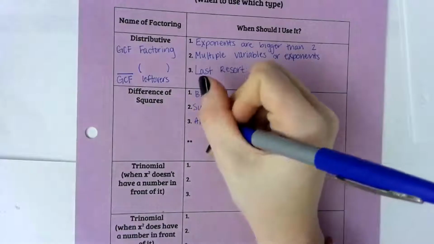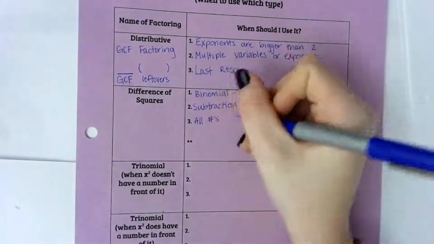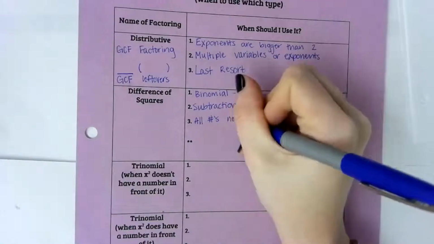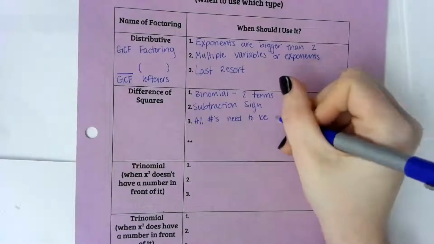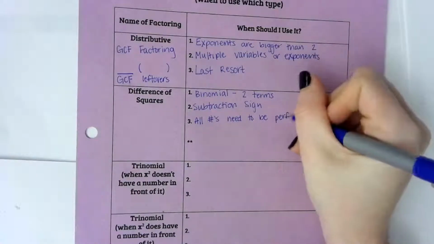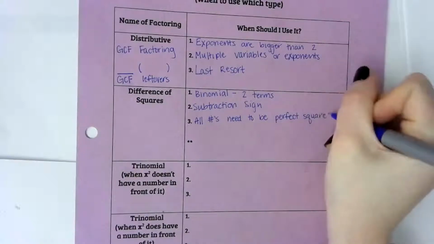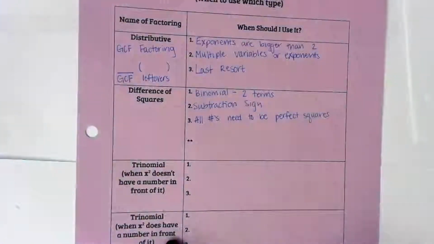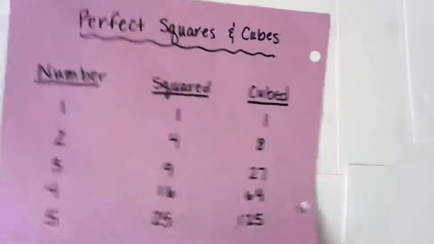All of your numbers need to be perfect squares, which, remember, those are on the back of this paper.